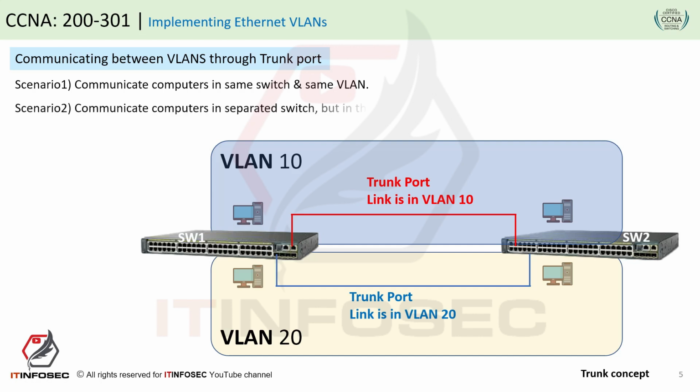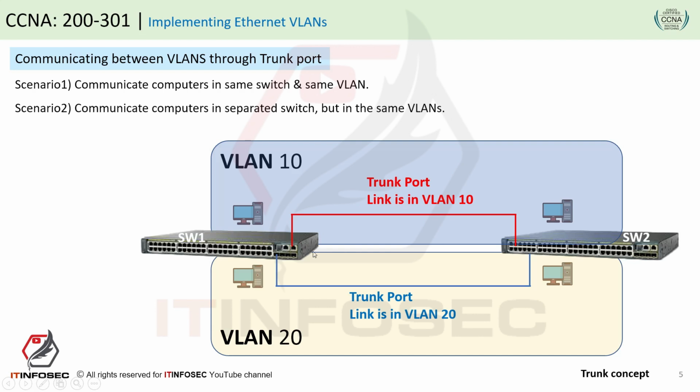Scenario 2 was communicating between computers on separate switches but in the same VLANs, like the image that you see. We have SW1 and SW2, some computers on SW1 assigned to VLAN 10 as well as on SW2, and some computers on SW1 assigned to VLAN 20 as well as on SW2.